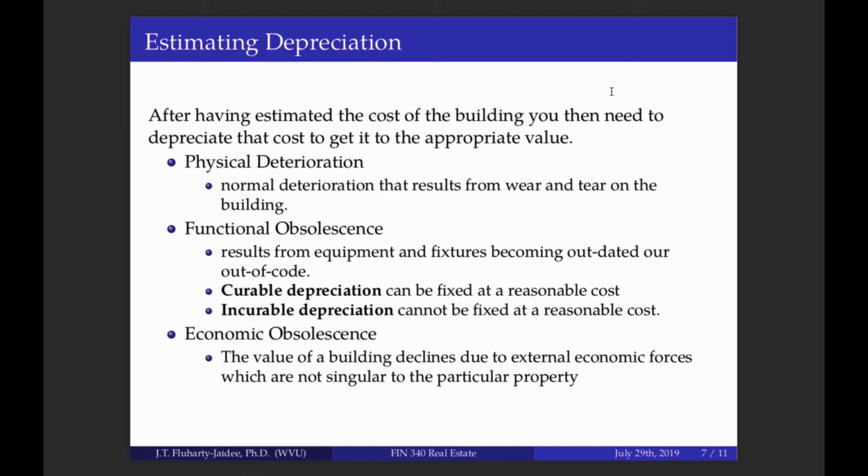Anything that causes an economic depreciation in the local area due to either lack of employment or significant hardship that has occurred would be considered an economic obsolescence on the property. But for the most part, economic obsolescence doesn't exist, and most properties appreciate over time.